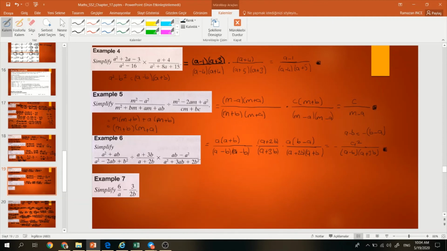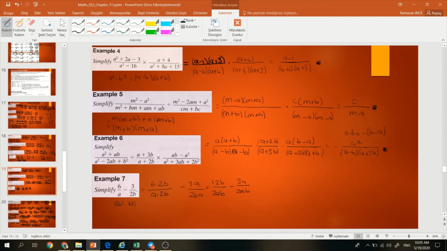To have the same numerator and denominator means we should expand our bracket. We need to expand this one with 2b and this one with a. Then what will happen when you expand the first one with 2b and second one with a? 6 times 2b over a times 2b minus 3 times a over 2b times a. Then it means 12b over 2ab minus 3a over 2ab.